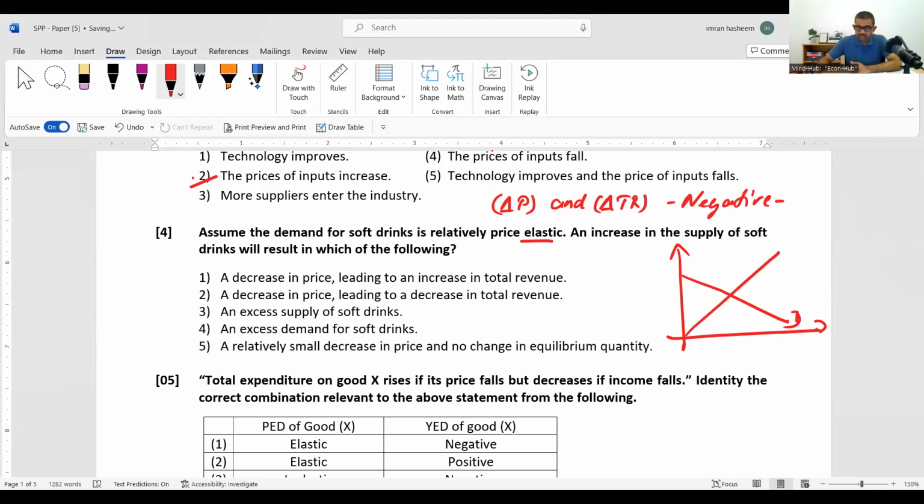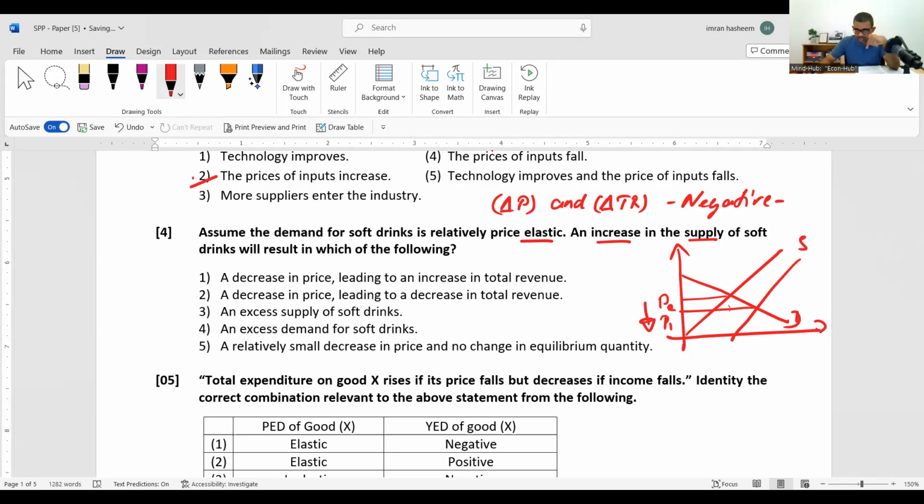So we'll draw something like this, supply, with the price and the quantity. Supply increases, so the price will decrease, from P1 to P2. If price decreases and the product is elastic, the relationship between change in price and total revenue is negative, isn't it?